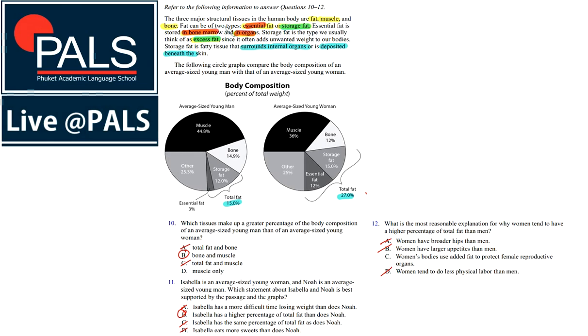Since the paragraph tells us that essential fat is stored in bone marrow and in organs, plus storage fat surrounds internal organs or is deposited beneath the skin for protection probably. So yeah, that makes most sense. The ovaries and the uterus are probably protected by an added layer of fat.